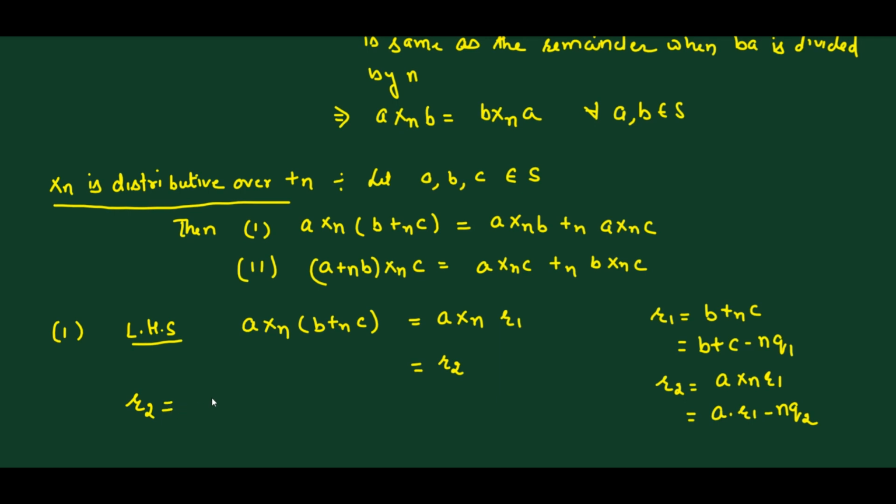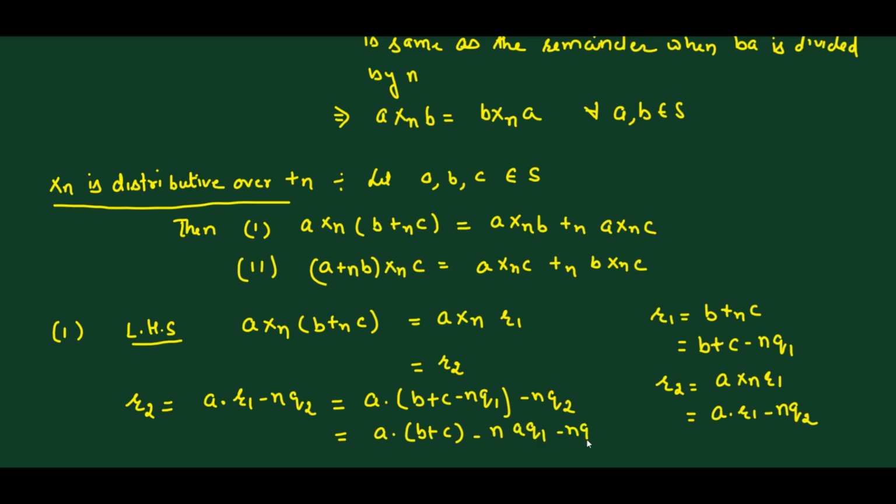R2 is AR1 minus NQ2. So put the value of R1 here. What is R1? B plus C minus NQ1, minus NQ2. So this is A times B plus C, minus N times AQ1 plus Q2.